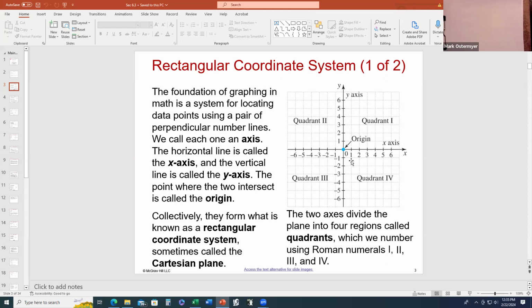Notice we have evenly spaced tick marks on each of the axes, and for this particular XY plane, they are spaced 1 unit apart on both axes. If we go to the right, we go in the positive x direction. If we go to the left, we go in the negative x direction. Upwards is in the positive y direction, and downwards is in the negative y direction.